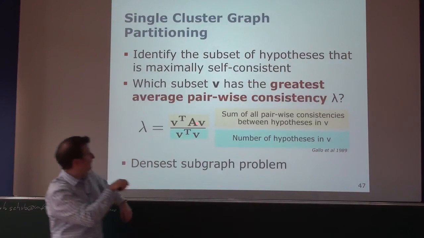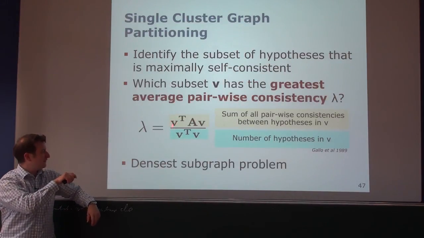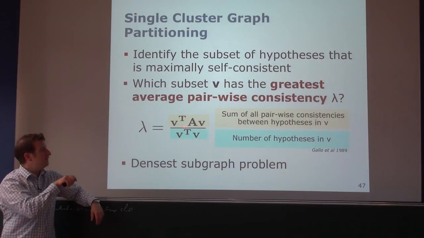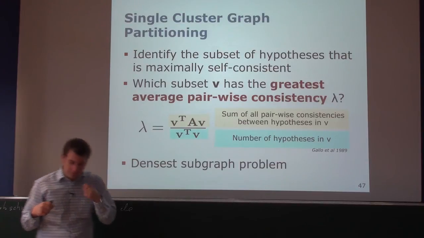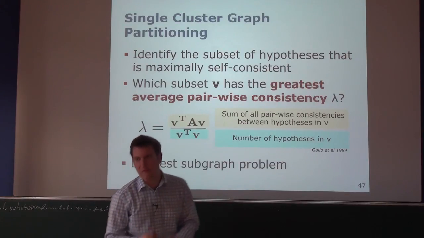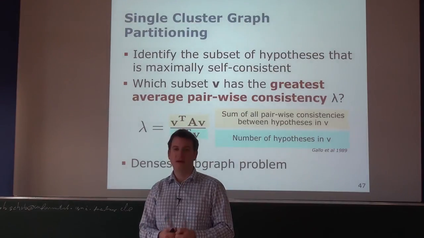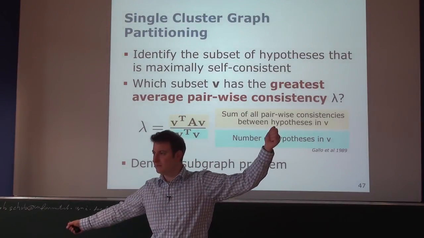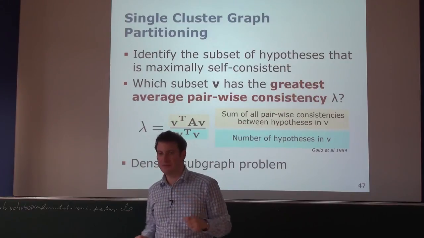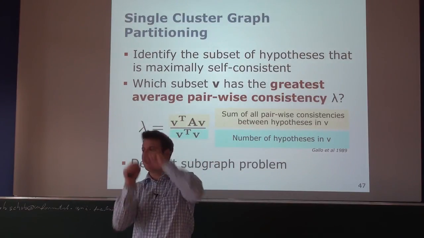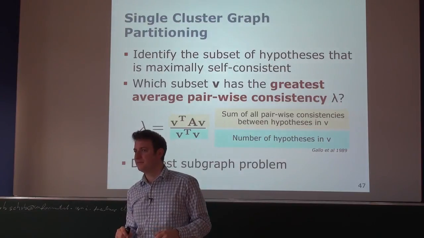So if I do this operation, my indicator vector v transpose times my matrix A times my vector v, this gives me the sum of all consistent hypotheses according to the indicator vector. If all of them are 1, I have the sum of the elements of the matrix. If only 2 elements are 1 and all others are 0, I just get the corresponding element out.